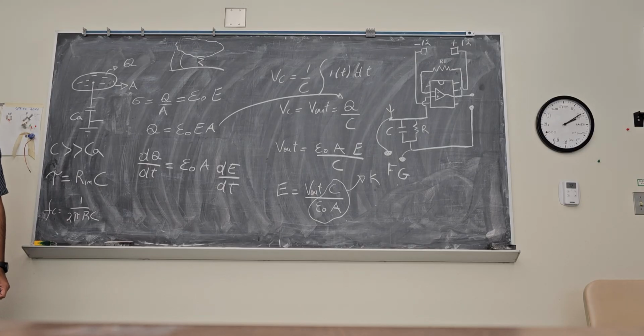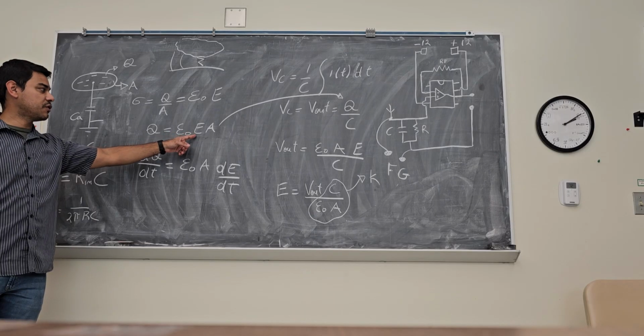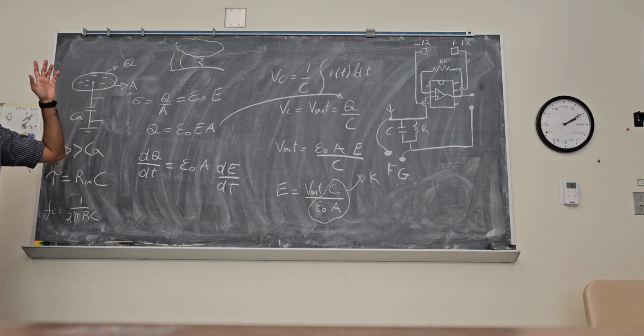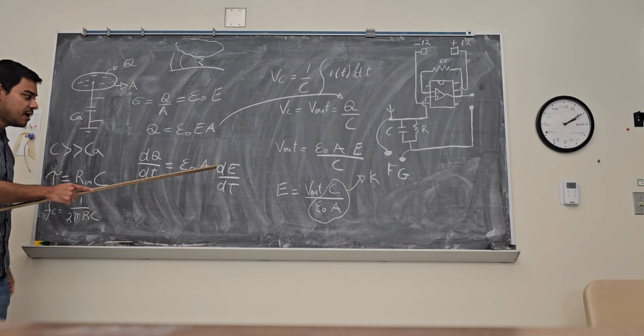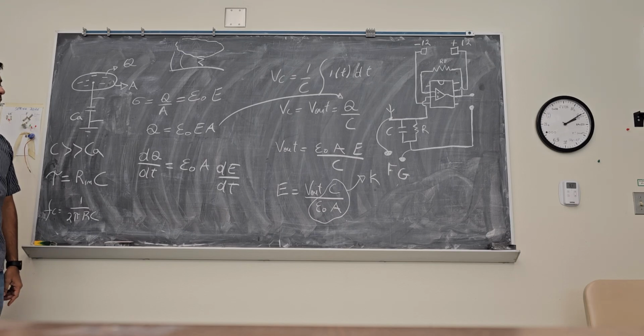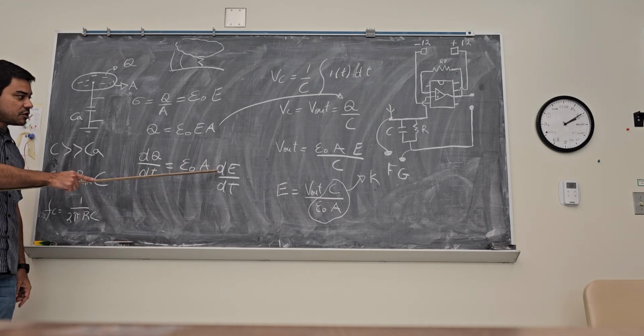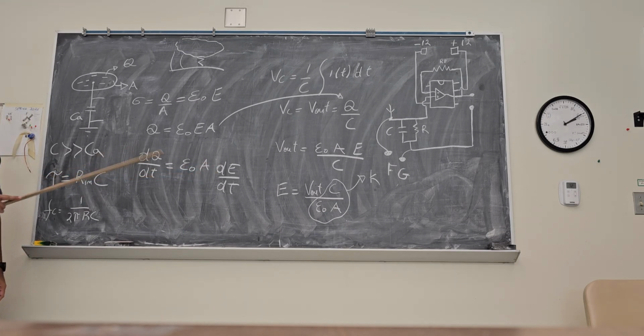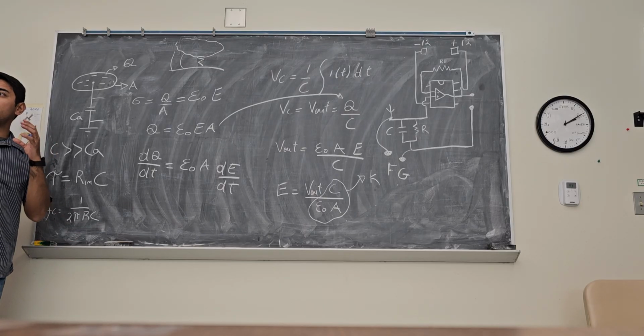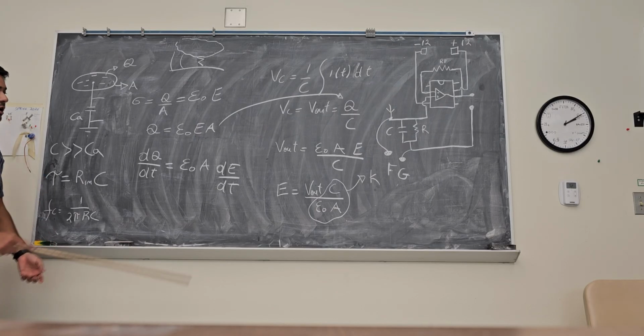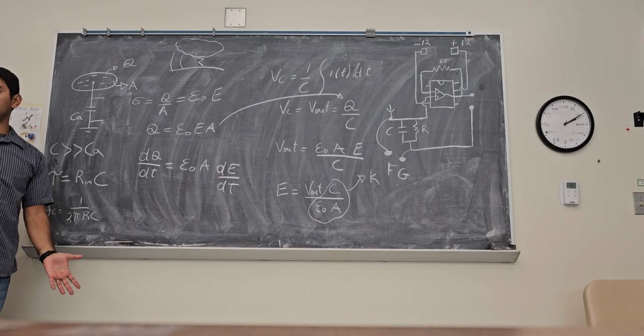But again, our electric field is changing over time. So we do have a dE/dt. And if my electric field is changing over time, my charge is also changing over time. Okay? So our goal here is to measure the electric field, not the derivative of the electric field.